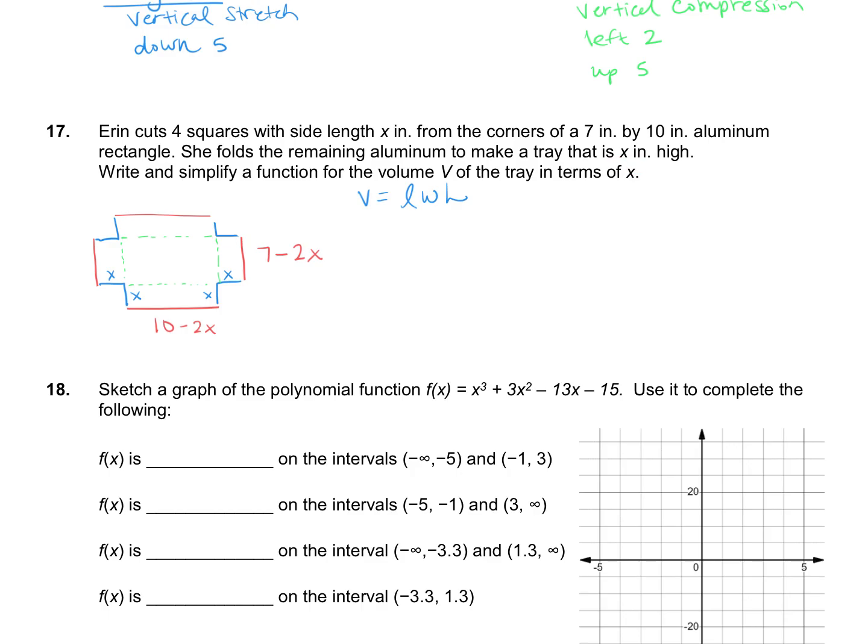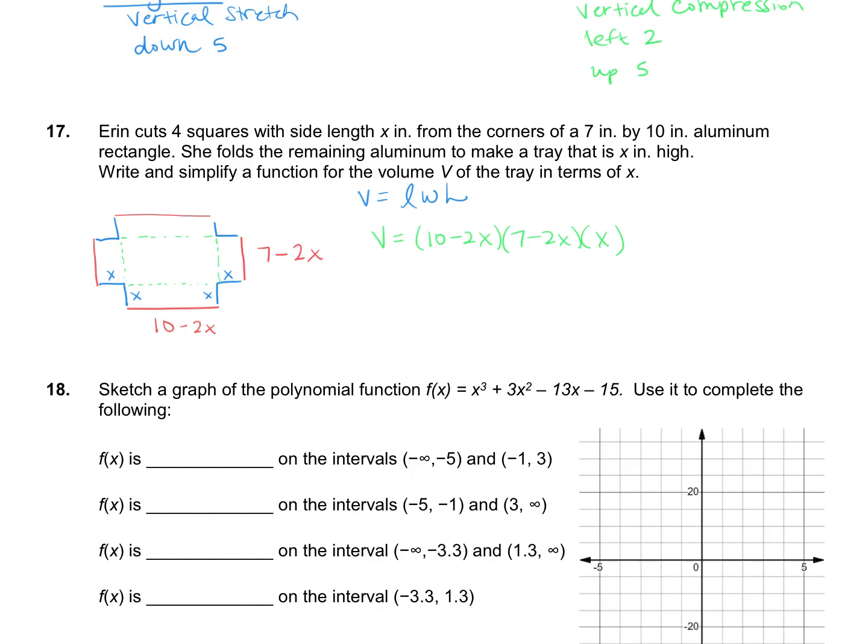But if you can imagine that this gets folded up and this gets folded up, this edge right here and this edge would come together, and this x ends up standing straight up, and we know that our height is now an x. So we're going to multiply these together. Our volume is equal to our length, 10 minus 2x, times our width, 7 minus 2x, times our height of x. So we're going to multiply 3 things together.